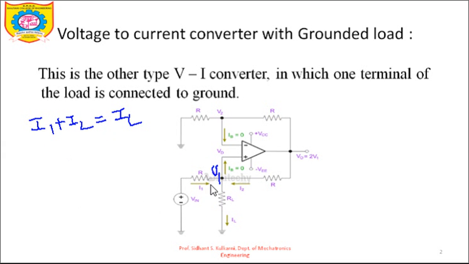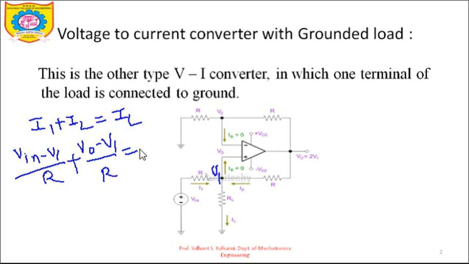So I1 will be equal to Vin minus V1 divided by R, plus for I2, the expression will be V0 minus V1 divided by R, which is equal to IL. The IL current we can calculate as V1 divided by RL.